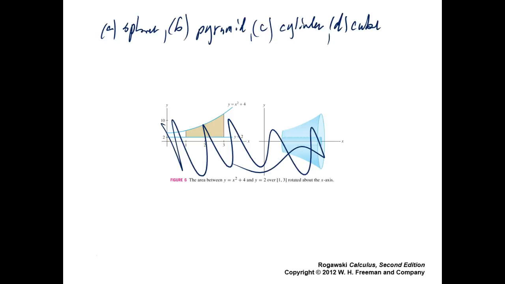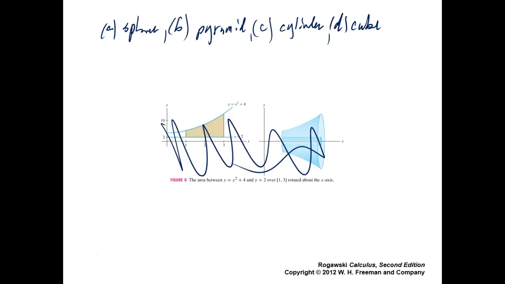And number 4. Which of the following integrals expresses the volume obtained by rotating the area between y equals f of x and y equals g of x over an interval a to b around the x-axis, and we'll assume f of x is always greater than or equal to g of x, which is always greater than or equal to 0.